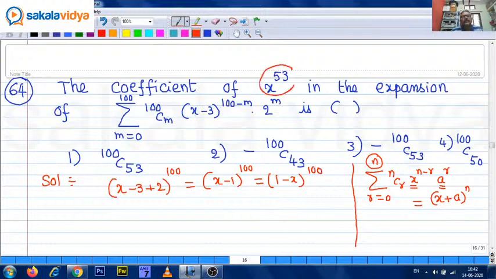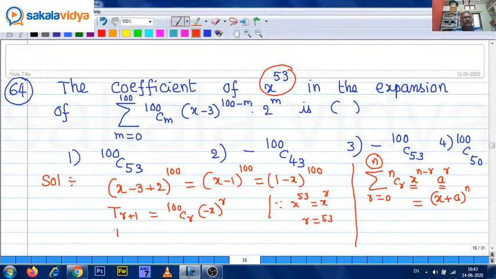For x to the power of 53, we write the general term: T(r plus 1) equals 100Cr (minus x) to the power of r. We need x to the power of 53, so r equals 53.